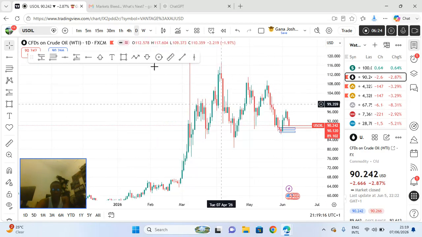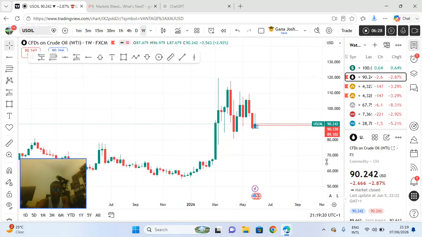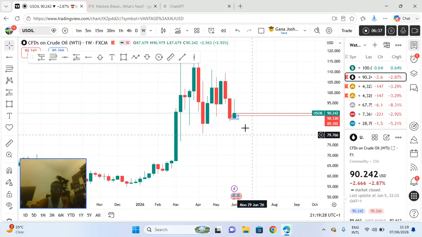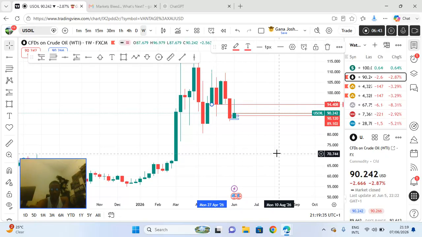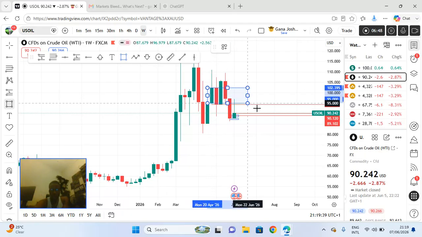Oil, we'll start from the weekly too. So we could see that there's bearish pressure around this level. That means this zone, this block, is a strong resistance.